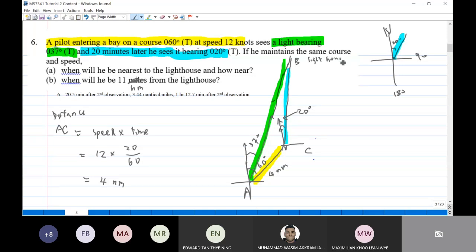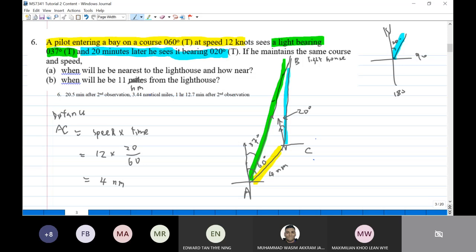This is actually quite a difficult question in many senses because it doesn't ask you one question at a time. It asks when will he be nearest to the lighthouse, and how near?